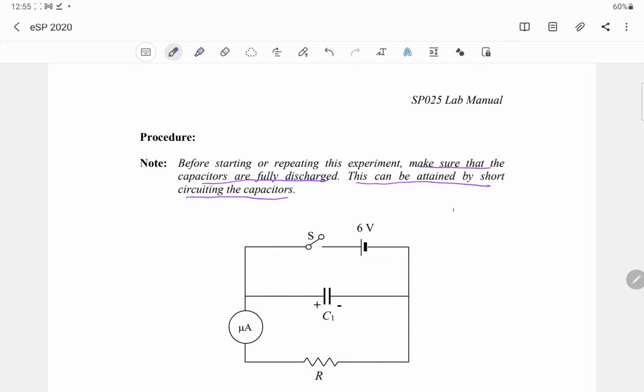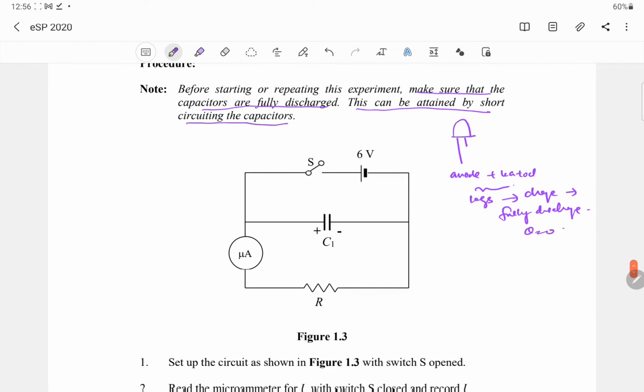We bring the legs of the anode and cathode together, and then the charge will be fully discharged, until the charge equals 0.